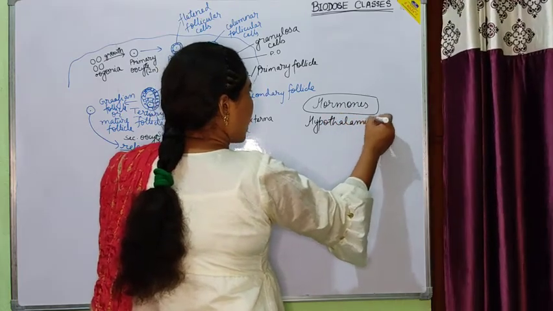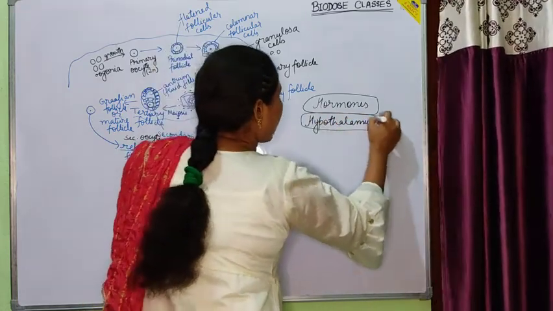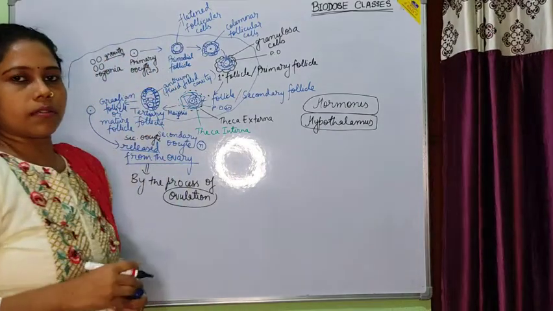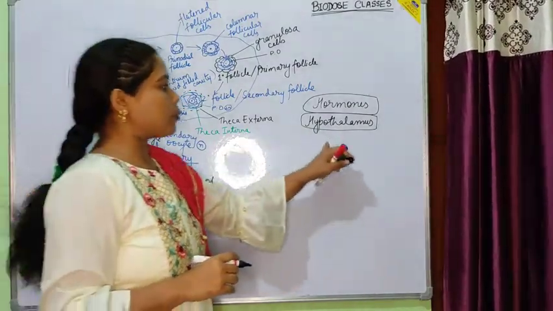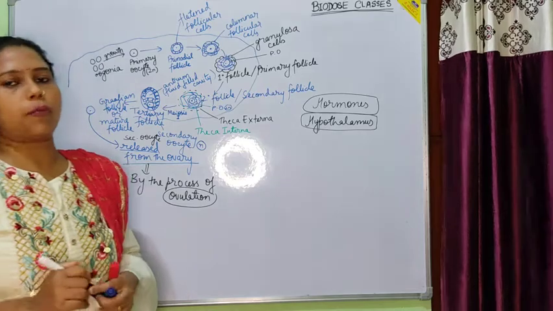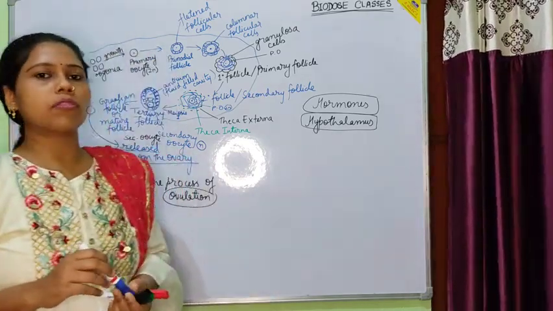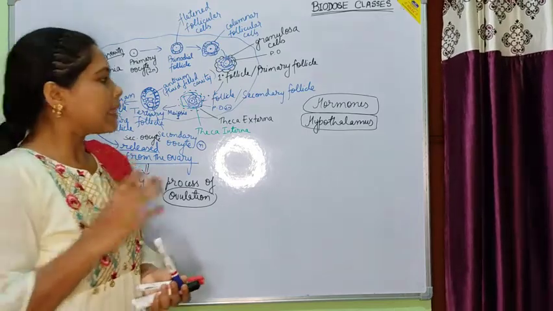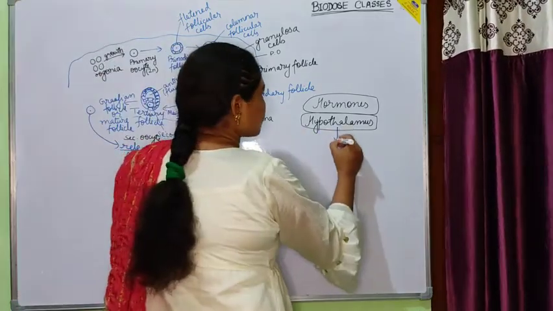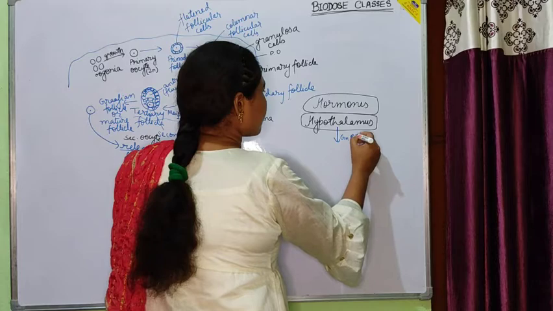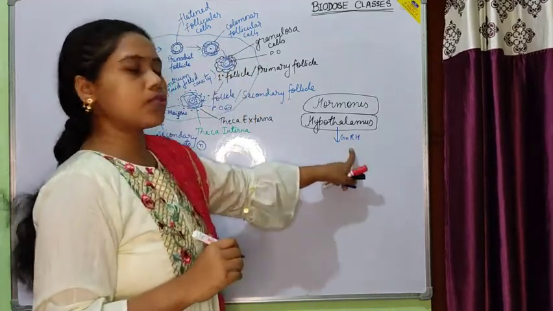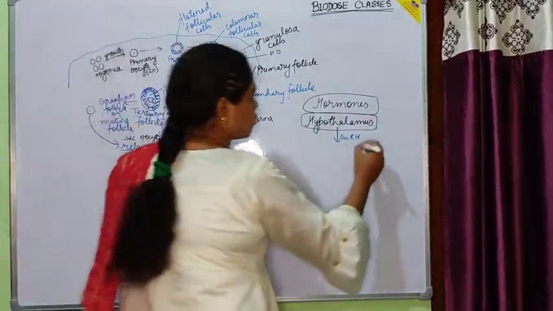Hypothalamus. As we know, hypothalamus is the part of your nervous system, but this hypothalamus is also responsible for release of certain hormones called trophic hormones. They would release GnRH, that is gonadotrophin releasing hormone.